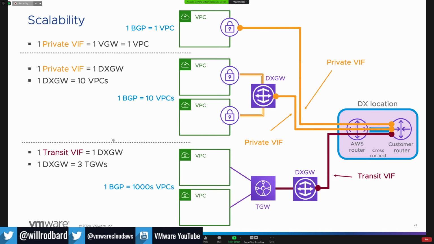But if I use a transit VIF, then I go to a direct connect gateway and a transit gateway, and there I can have thousands of VPCs behind. And remember, I can attach 3 transit gateways to a direct connect gateway. So that's really scalable.